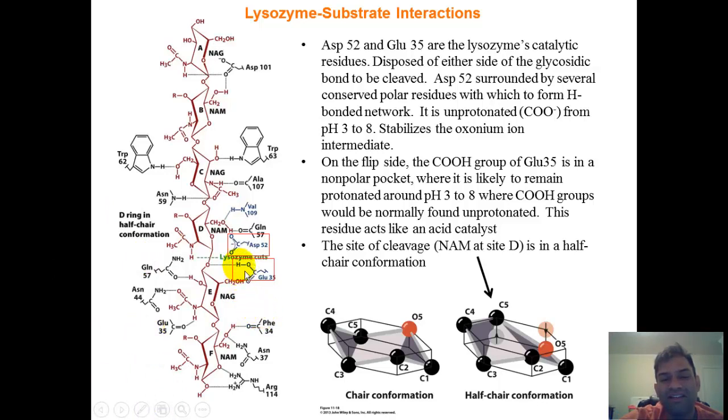This side chain of glutamic acid, which has a pKa of about 4, is protonated. However, this side chain of aspartic acid, which also has a pKa of roughly 4, that side chain is deprotonated. So how is it within the confines of this enzyme microenvironment? One side chain is deprotonated, the other side chain is protonated, yet they still have the same pKa's.